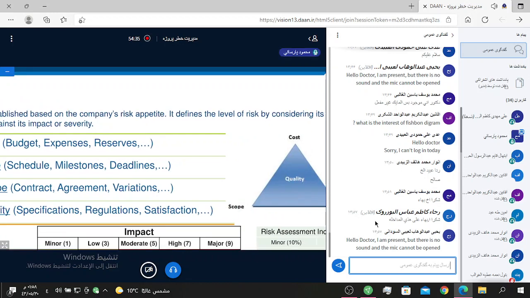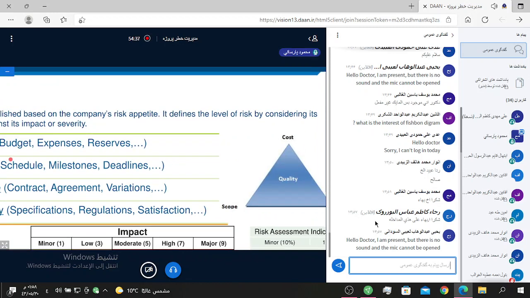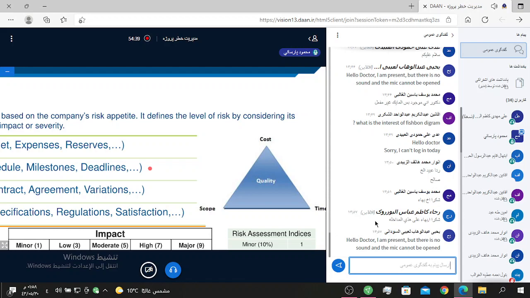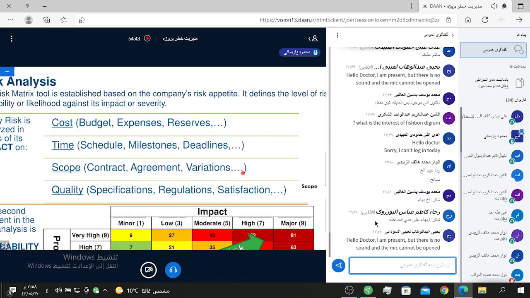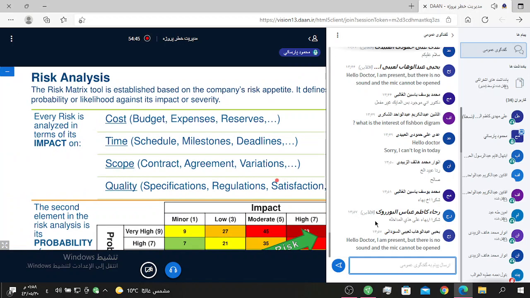It defines the level of risk for risk management by considering its probability or likelihood against its impact or severity or effect. And every risk is analyzed in terms of the impact on these items.